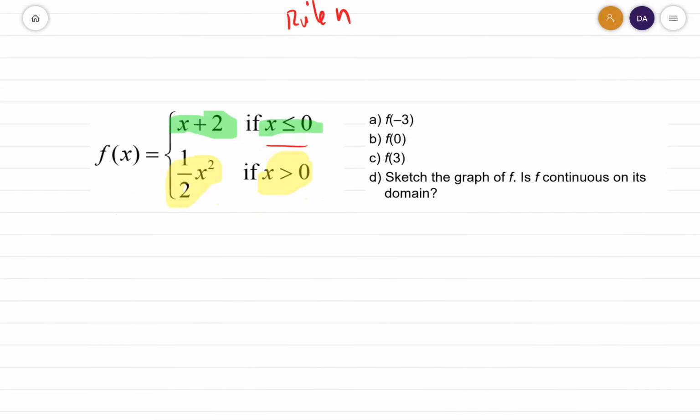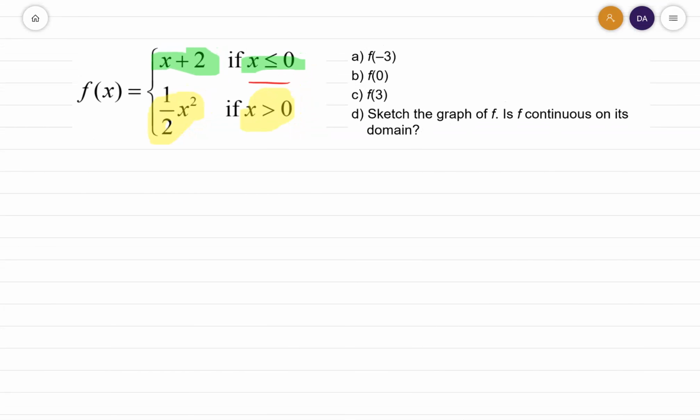So to give an example, we use the rule x plus 2 only if x is less than or equal to 0. Our first one says, what is f of -3? Is -3 less than or equal to 0 or greater than 0? Because it is less than 0, it matches this rule.